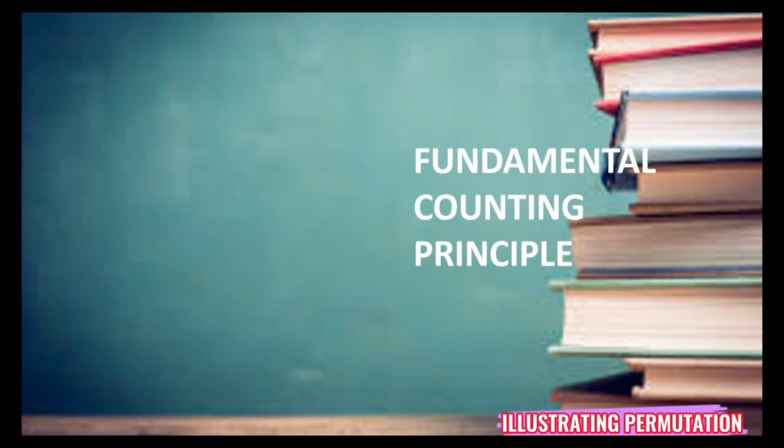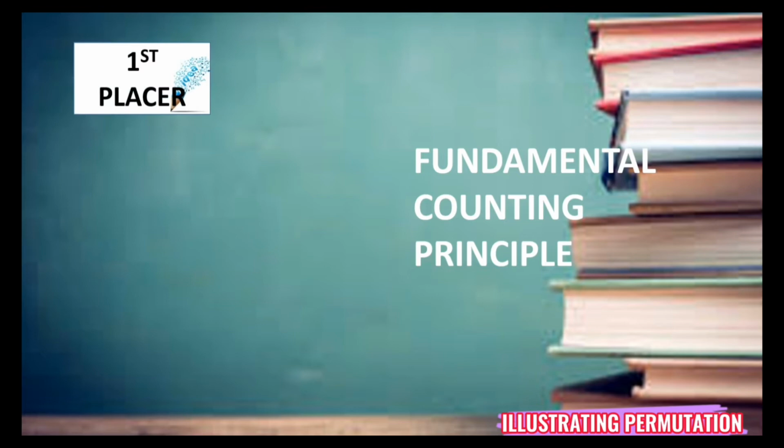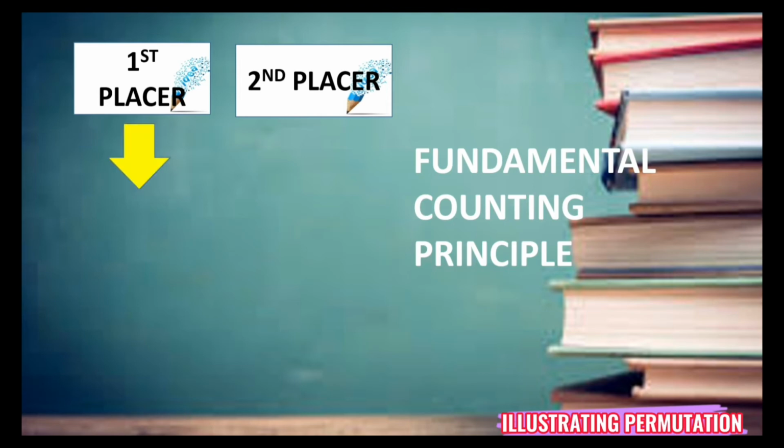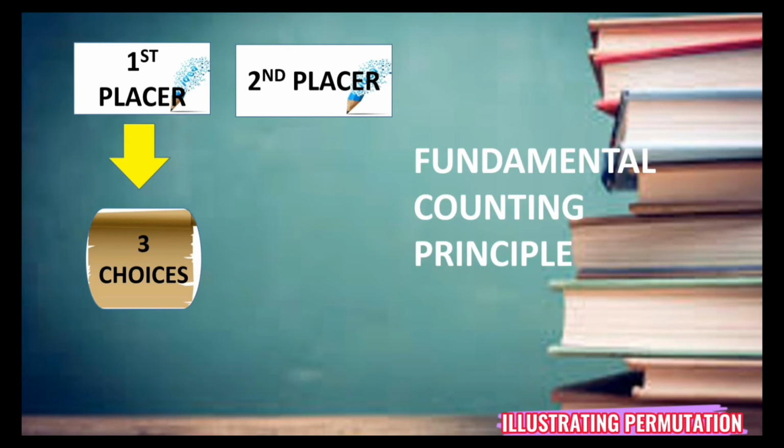Let us use the fundamental counting principle to check if our obtained answer is correct. Remember, we need to find the arrangement of cyclists as first and second placer. How many cyclists to choose from for the first place? Yes, there are 3 choices.